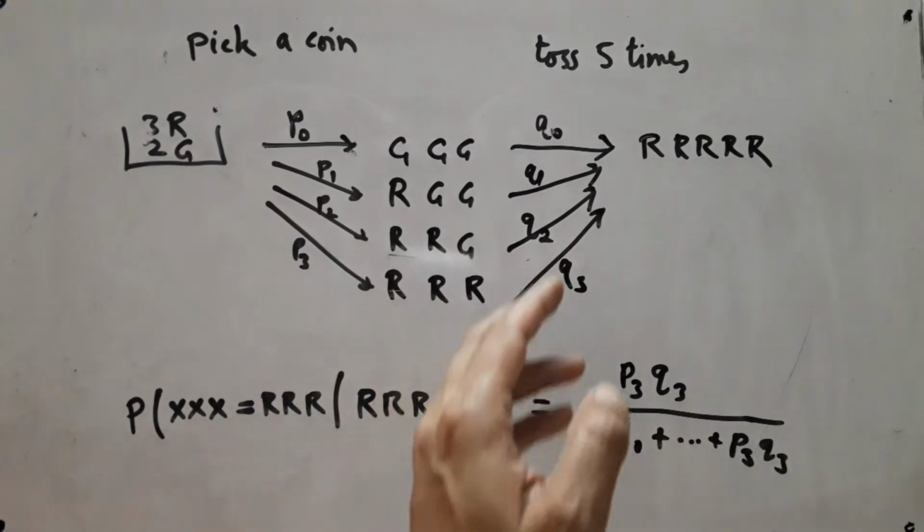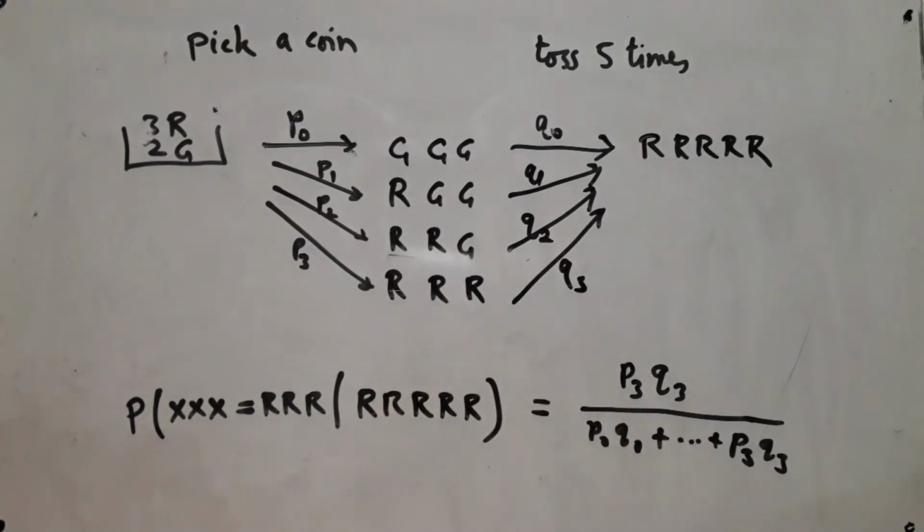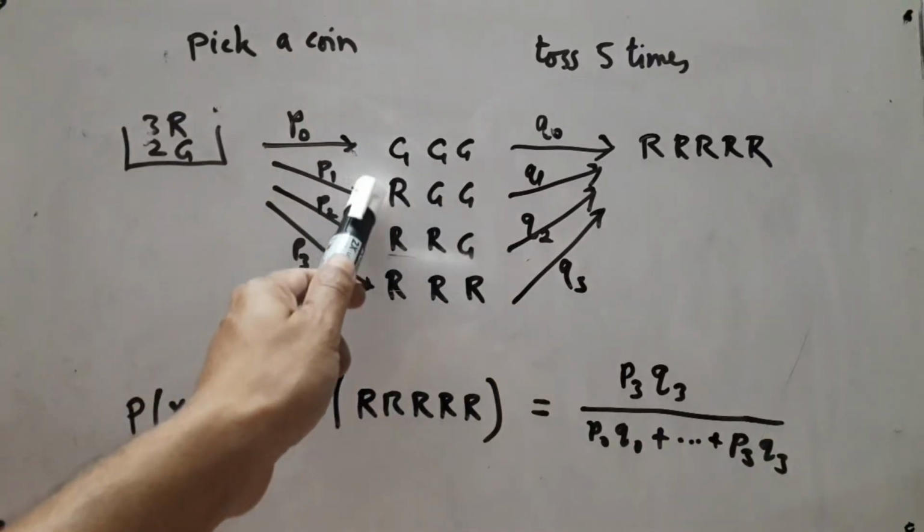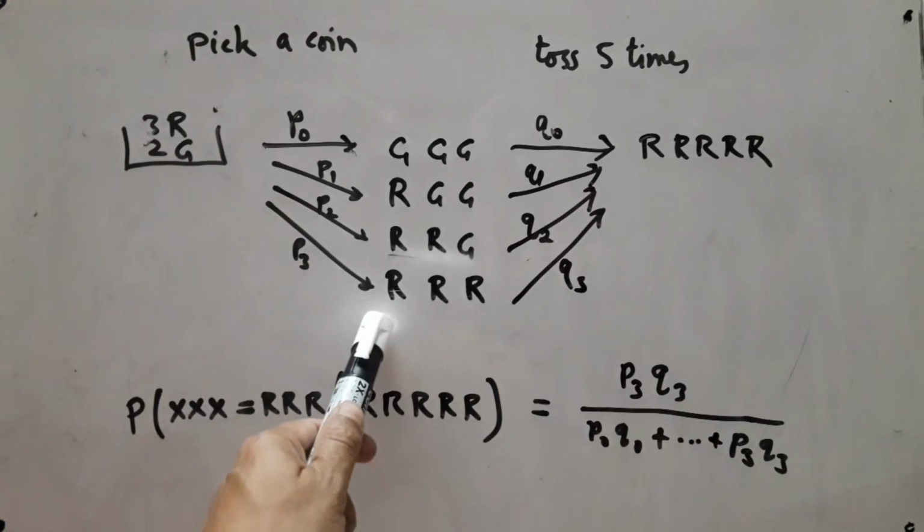So given that 5 consecutive tosses all showed head, what is the probability that the coin you have in your hand actually has heads printed on both sides? Now in this toy version, the probability of head can be either 0, 1/3, 2/3 or 1, nothing more.